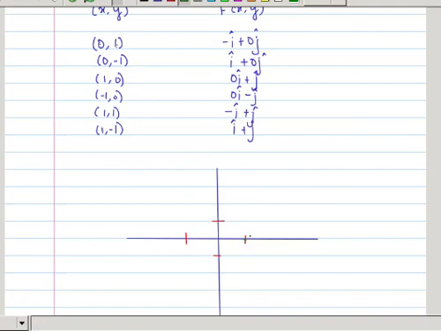It gives minus i plus 0 j. That means in the i direction, that is the x direction, it goes minus 1, and the j direction is 0. So what it gives is the minus i direction.